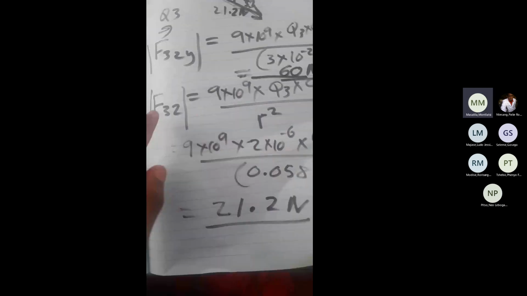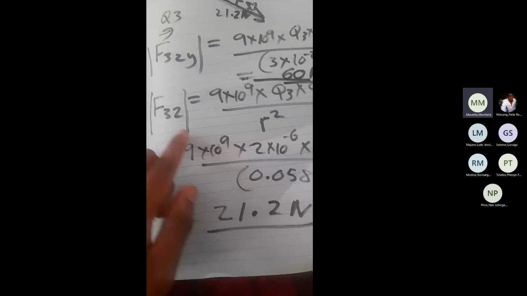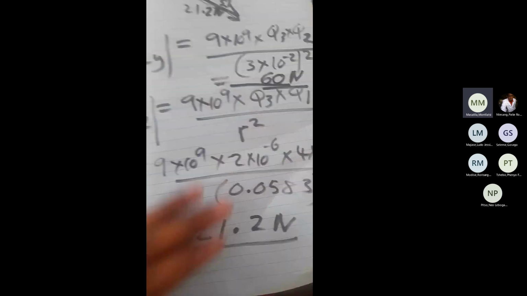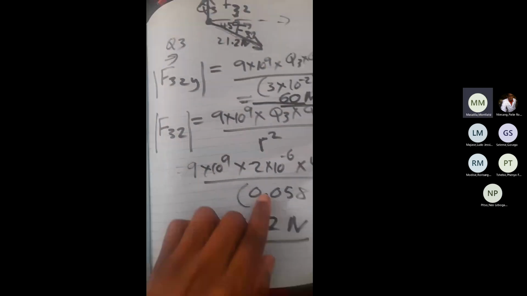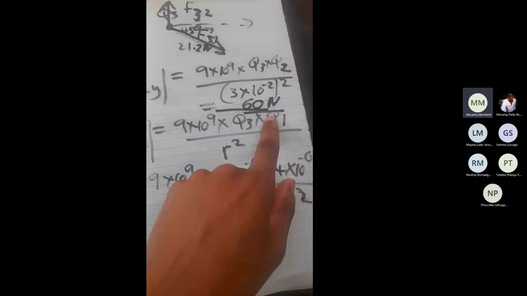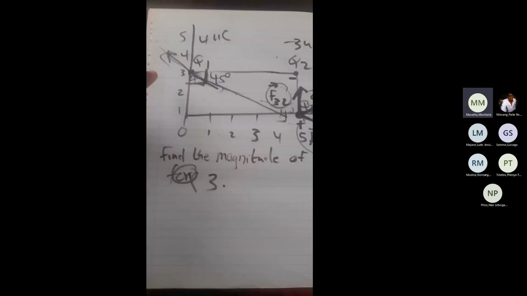These are Coulomb's law problems. Before you calculate with Coulomb's law, we recall the formula. Then we find the distance using the Pythagoras theorem.